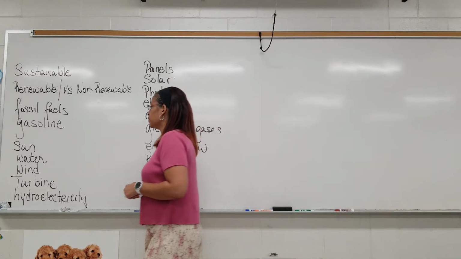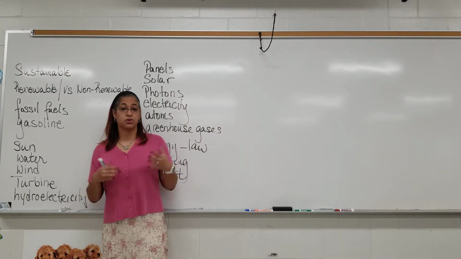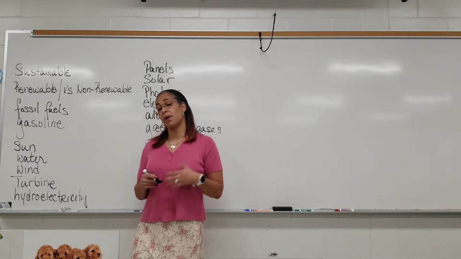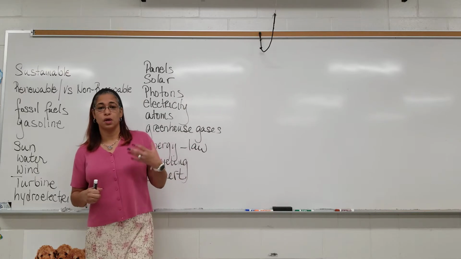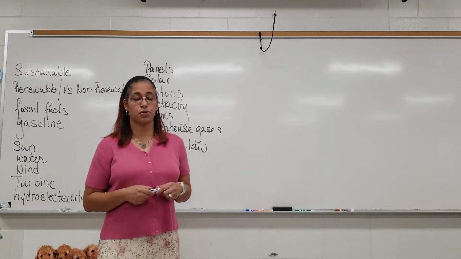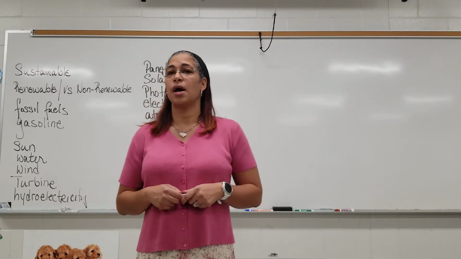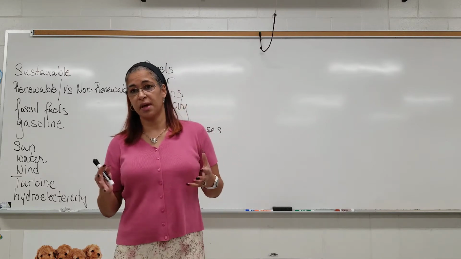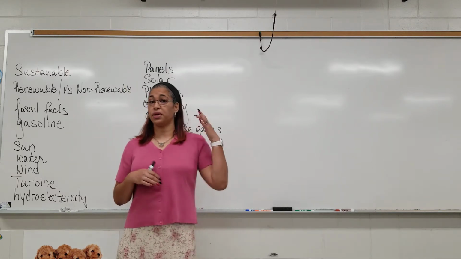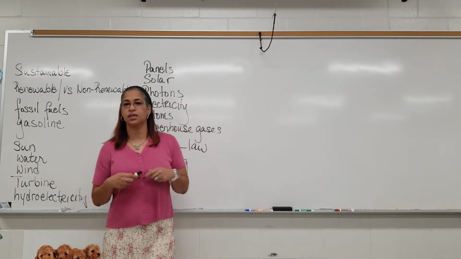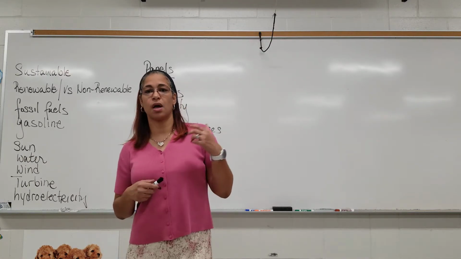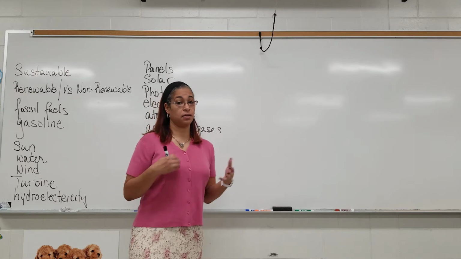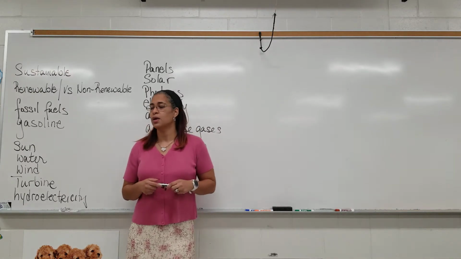So some of the common fossil fuels that you're familiar with, or the byproducts of fossil fuels, are gasoline. We pull the fossil fuels, the petroleum, out of the ground, and we actually distill them to make different types of gasolines, kerosene, oil for houses, lamp oils, and the gasoline that goes in your car.